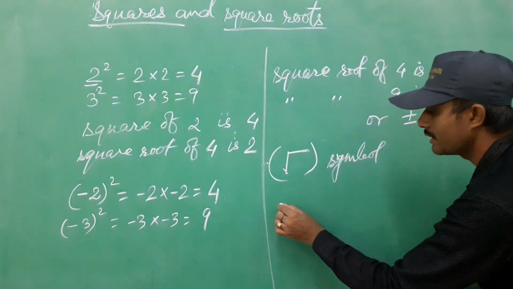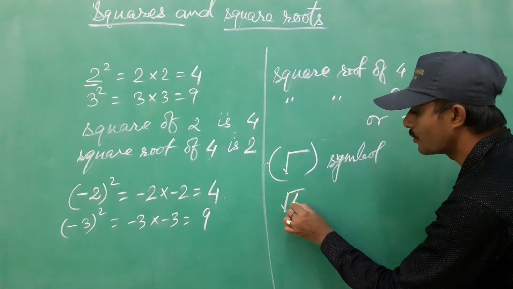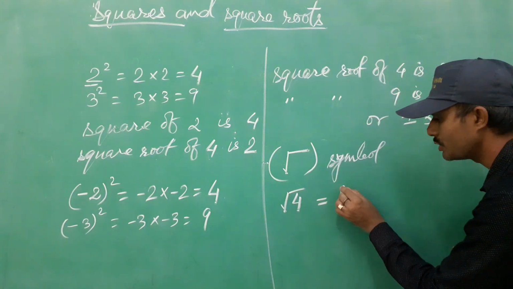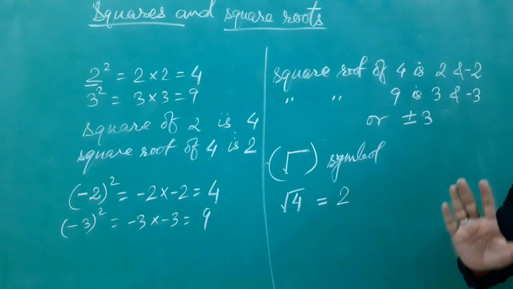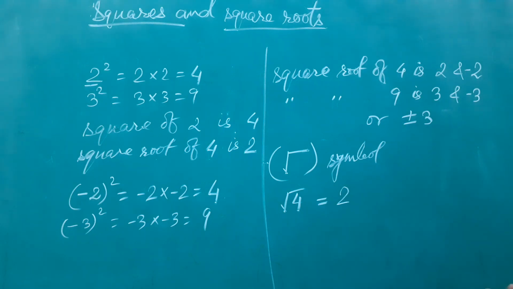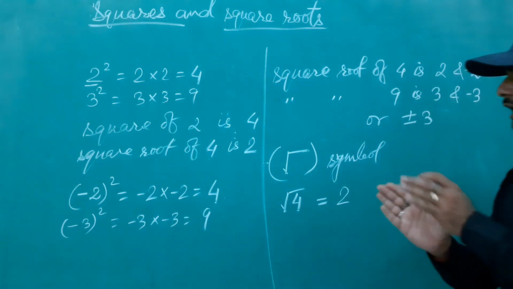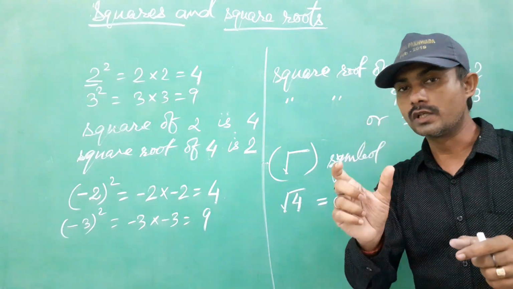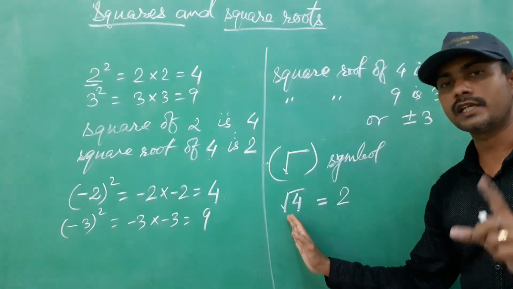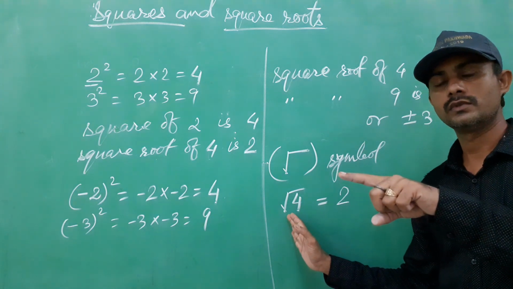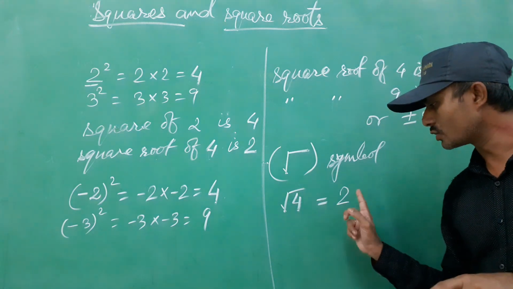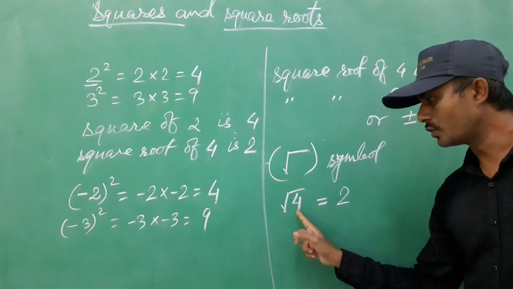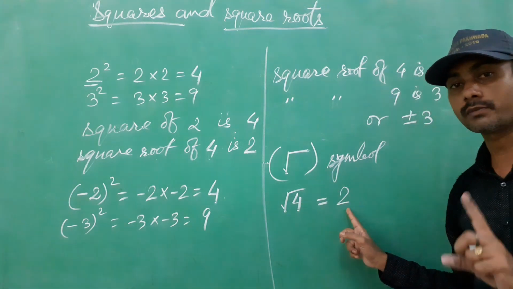It means if it is given, find the square root of 4 with the symbol, then the answer will be 2 only, not minus 2. If the question is find the square root of 4 in words without symbol, then plus 2 and minus 2. But with the symbol it is only plus 2.